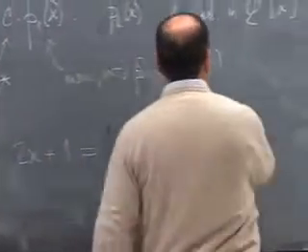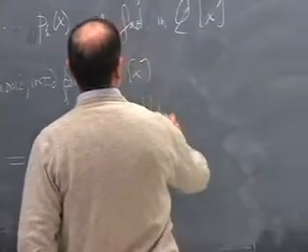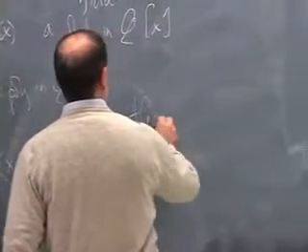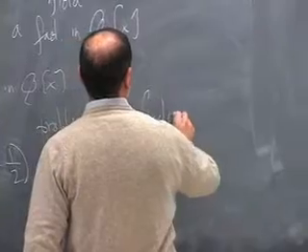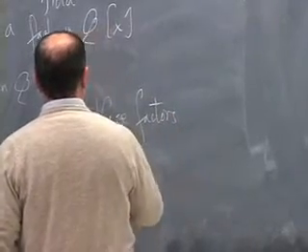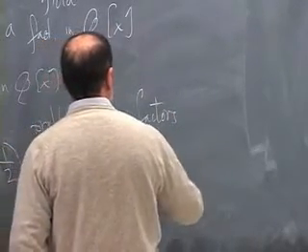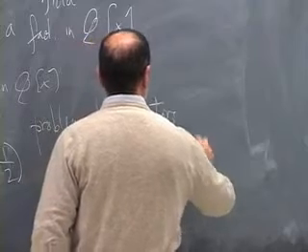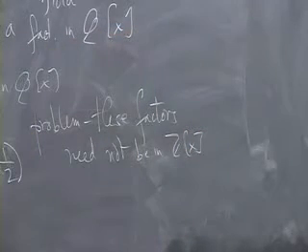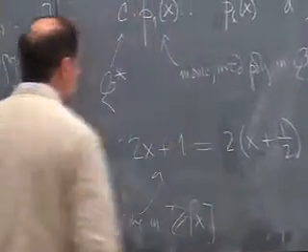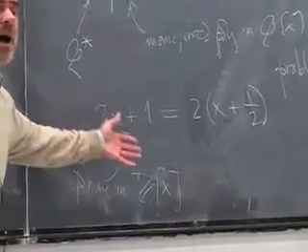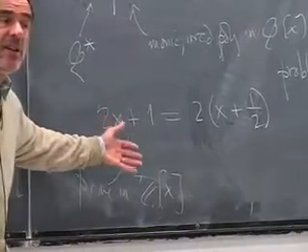So the problem is these factors may not be in Z of x. And this itself is an irreducible element. This is a prime element in Z of x, it turns out. And the problem is that it's not monic. You can't make it monic and stay in Z of x.